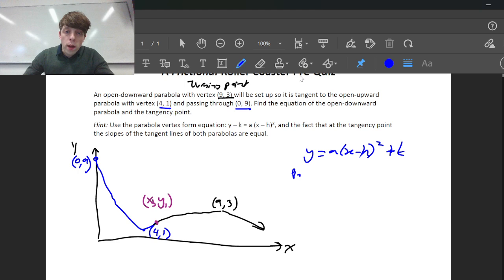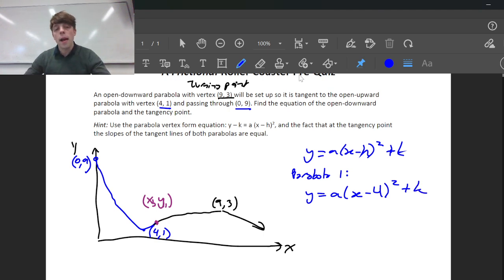So for parabola 1, y is equal to a(x minus 4) squared plus 1, because this parabola has the turning point 4, 1. Beautiful. All right, what else do we know about this parabola?